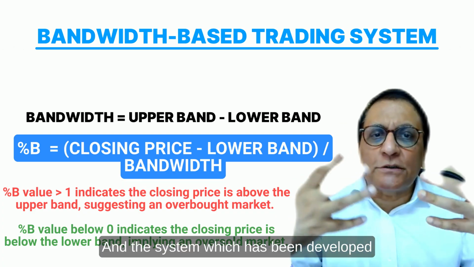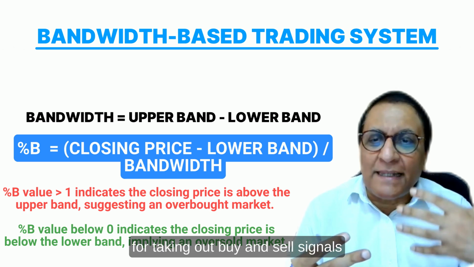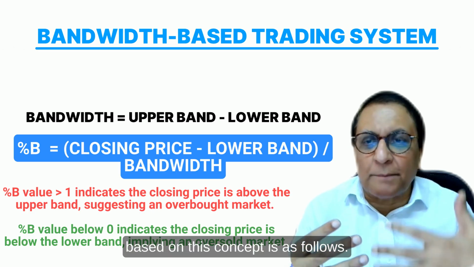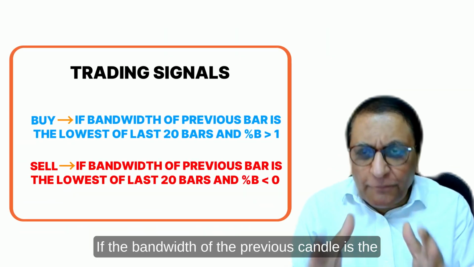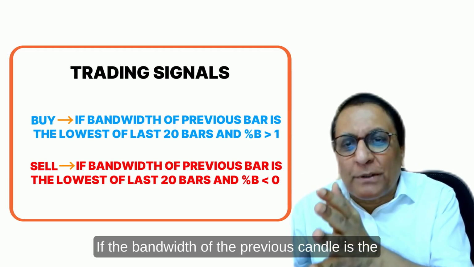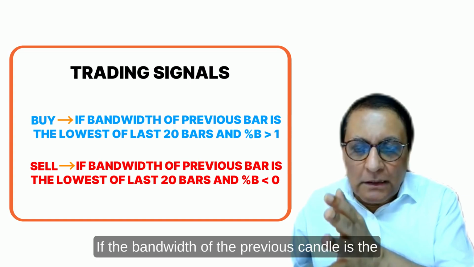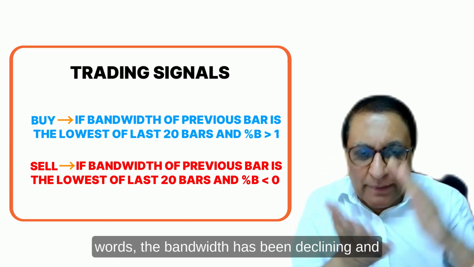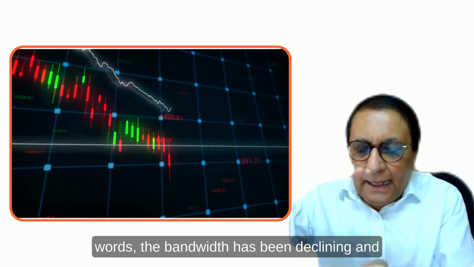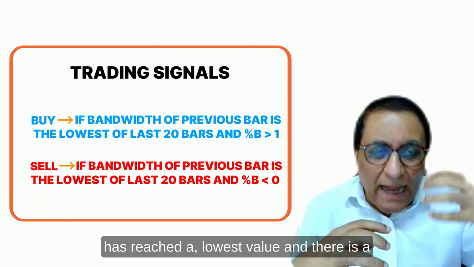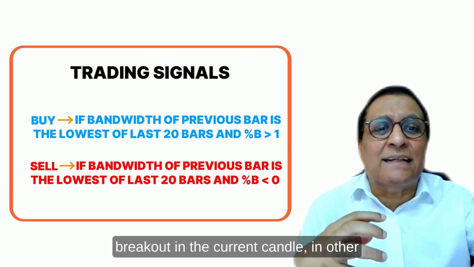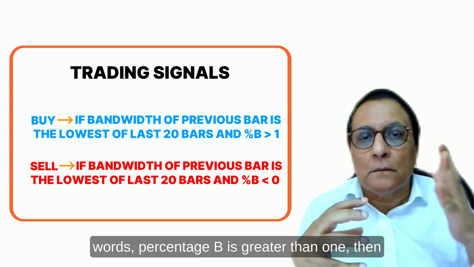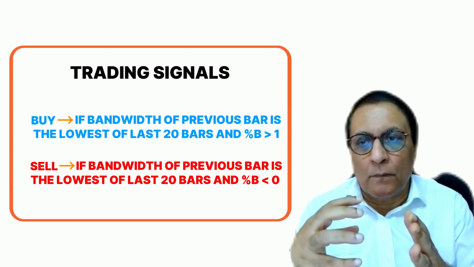And the system which has been developed for taking buy and sell signals based on this concept is as follows. If the bandwidth of the previous candle is the lowest of the last 20 candles, in other words, the bandwidth has been declining and has reached a lowest value, and there is a breakout in the current candle, in other words, percentage B is greater than 1, then it is a buy.